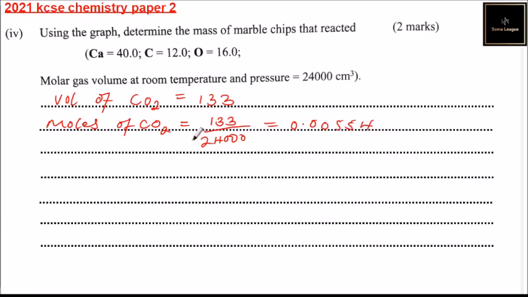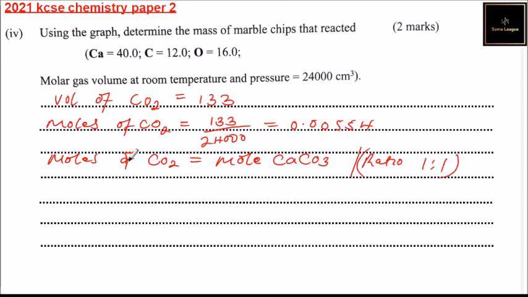So once you get that, you note that the moles of carbon dioxide is equal to moles of calcium carbonate. The ratio is 1:1 from the equation given.